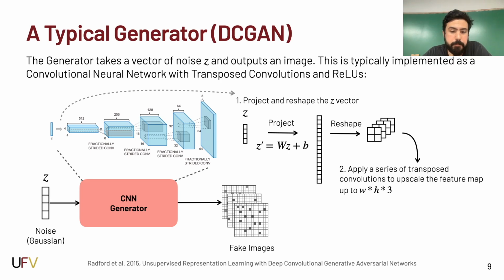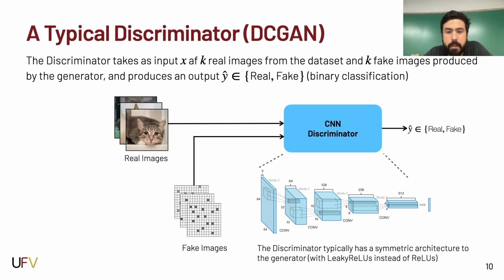All right, that's all for the generator. And the discriminator is a symmetric architecture. So now we have to take an image as input. It could be either a fake or a real image, but it takes an image as input, or a batch of images, so it's 64 by 64 by 3 because of RGB.